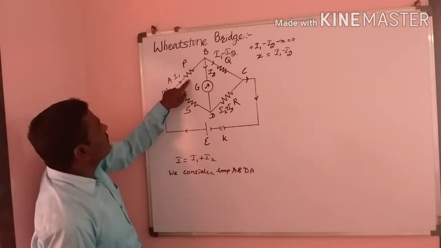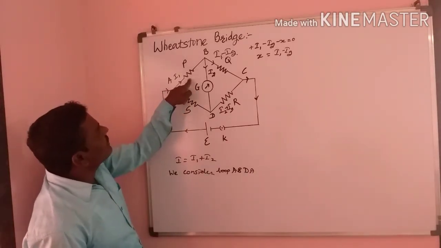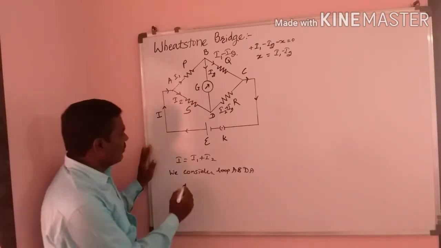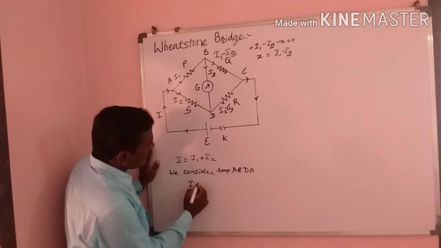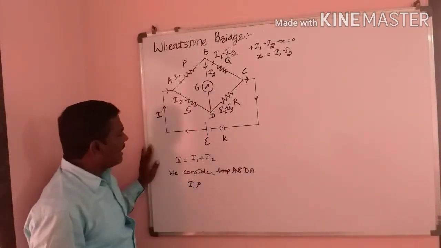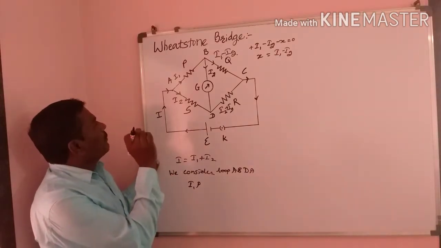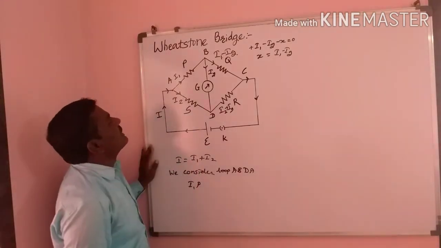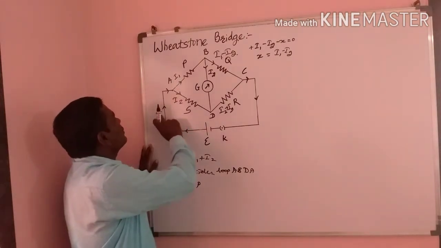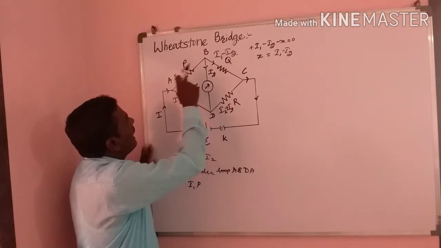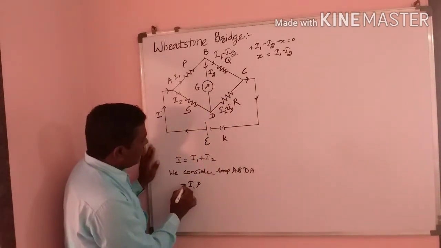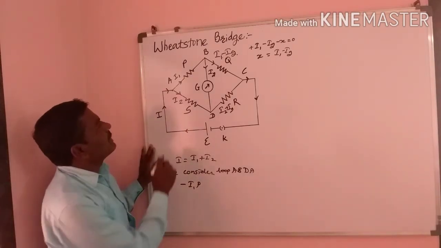The potential difference is the product of resistance and the current flowing through it, so we write I1 and P: the resistance is P and the current flowing through it is I1. When tracking in the clockwise direction, the direction of conventional current is also the same, so the potential difference has a negative sign, so we write minus I1P.